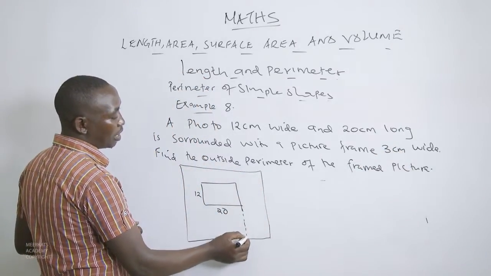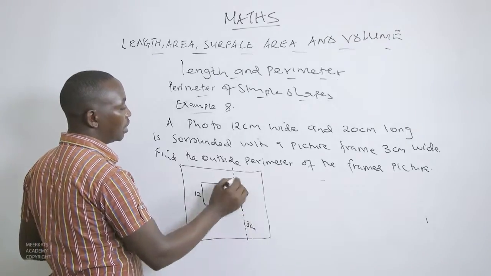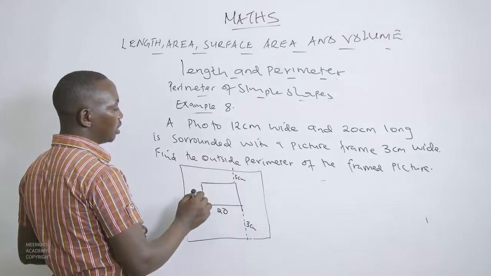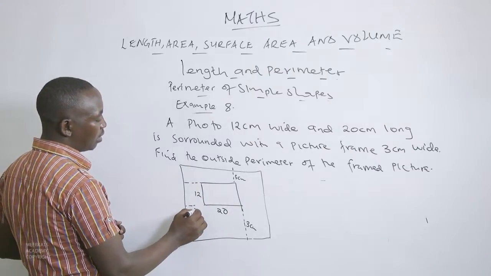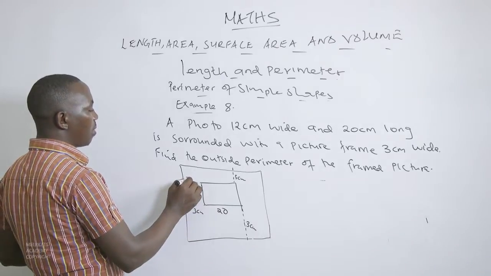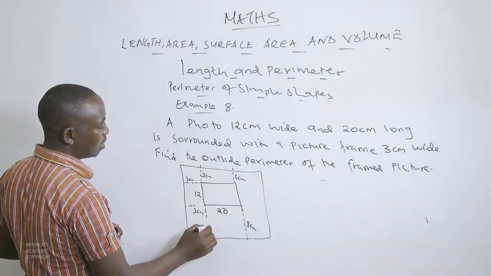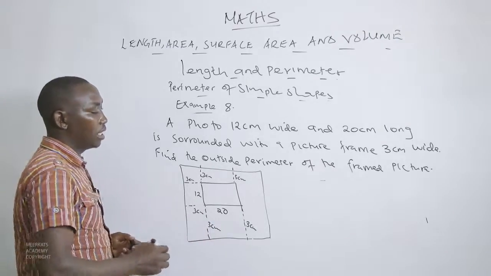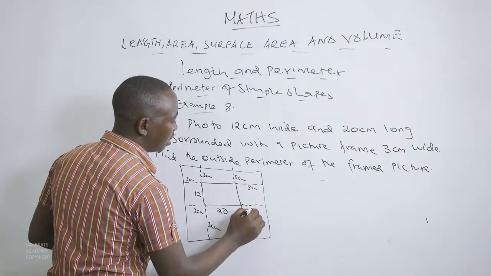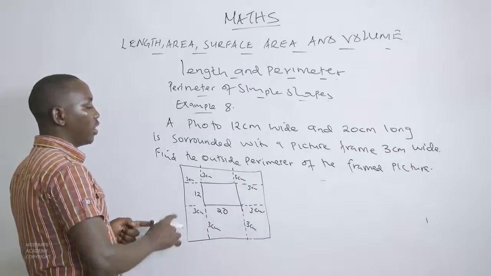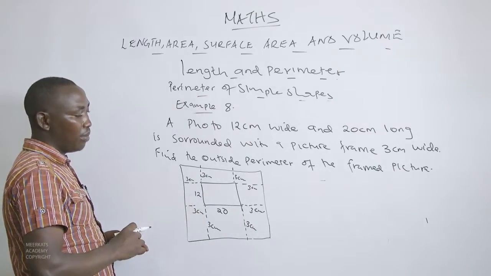That means from this particular point to this particular point is 3 centimeters. Also this is 3 centimeters, and on the other side 3 centimeters. So they want us to find the outside perimeter of the framed picture.